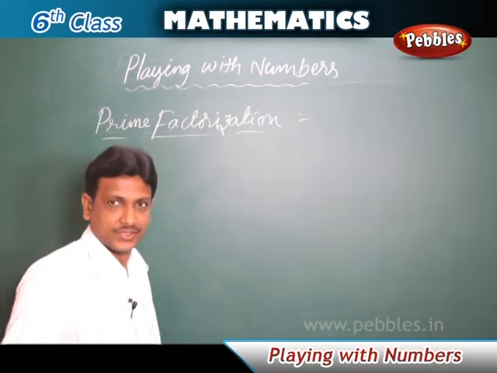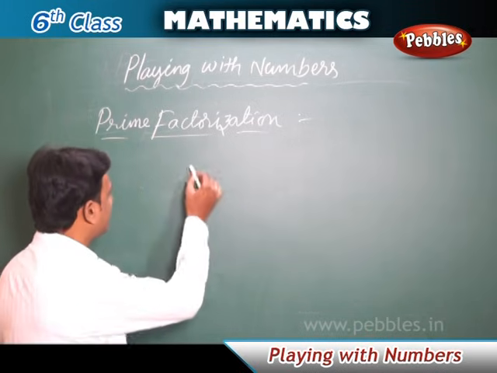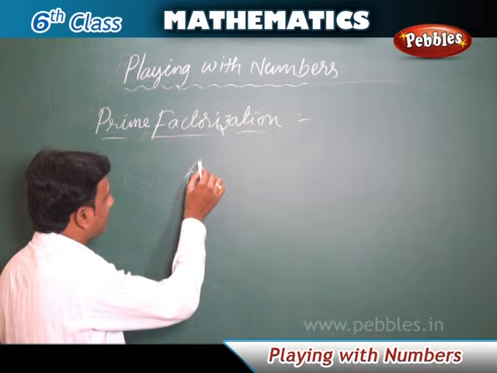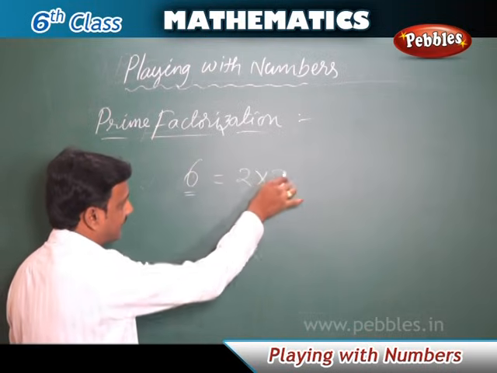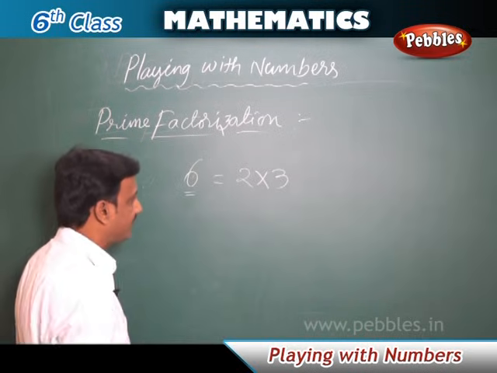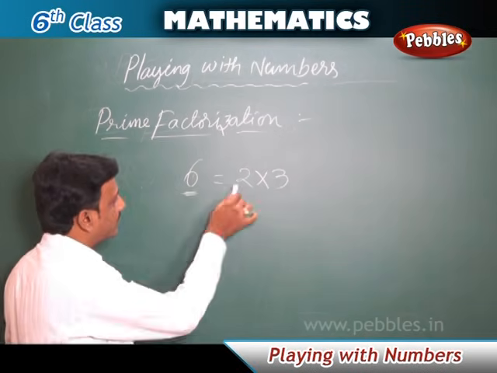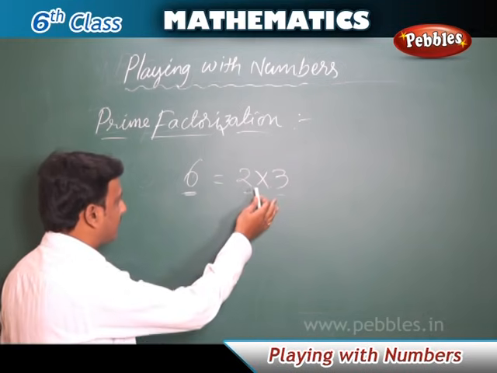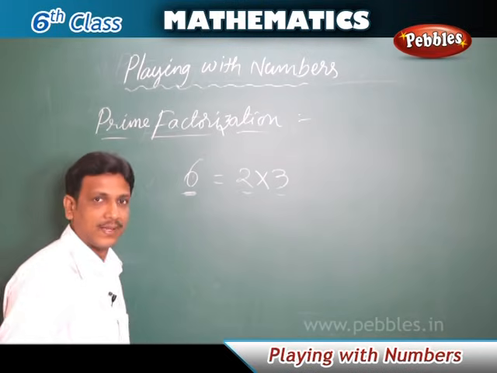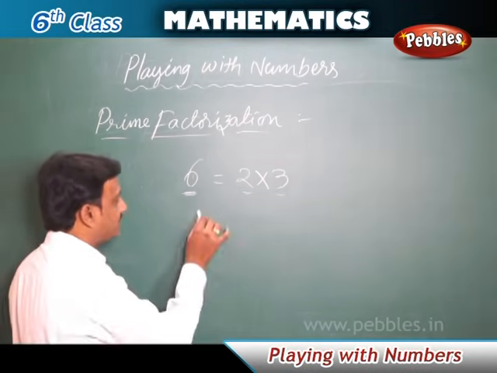Prime factorization. What is prime factorization? Let us see what factorization is first. Say for example we have the number 6 here. If you write the number 6 as a product of 2 and 3, 2 into 3, 6. Now we expressed this number as a product of its factors 2 and 3. So writing the factors, or expressing a number as a product of its factors, is called factorization.